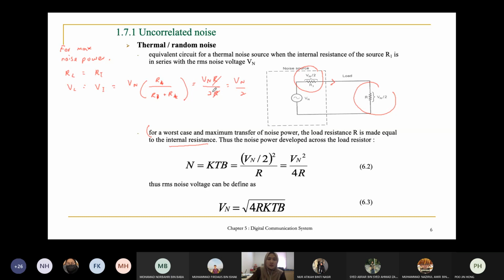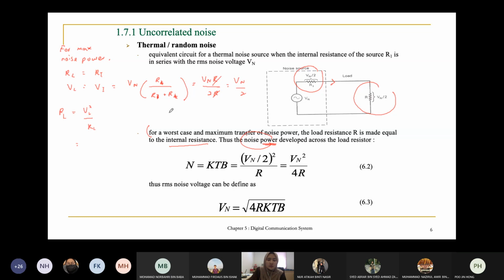Now, let's calculate for the power. This N over here is the noise power. Let's calculate the power PL, the power across the load resistor. You know that P is equal to V squared over R. This V here is VL and R is RL.